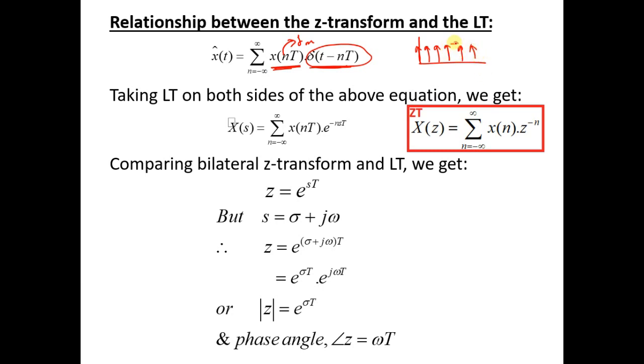Repetition of impulses is happening. You are having this repetition of the impulses, and why are you doing it? You are doing it for sampling the signal. So that is called the sampling frequency. The time duration related with the sampling is regarded as the sampling frequency.